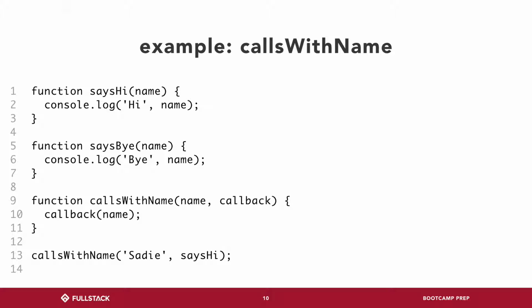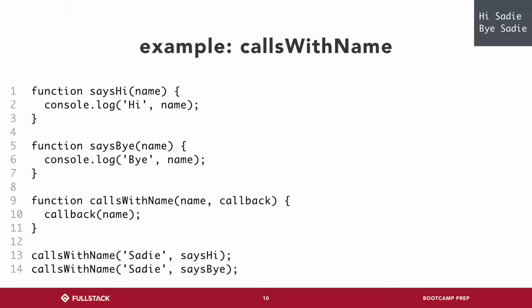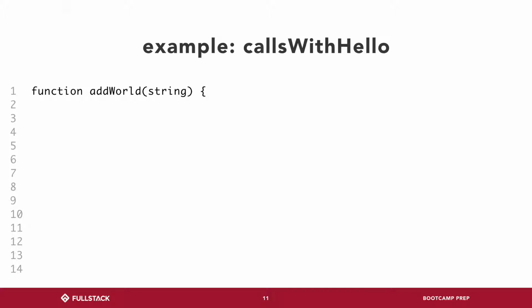That's going to say hi name, and we're passing the name in this way, so it'll say hi Sadie. Great job. And now it'll say bye Sadie because you're passing a different function that says bye. Much the same idea. And we'll go over why this might be done in a bit.